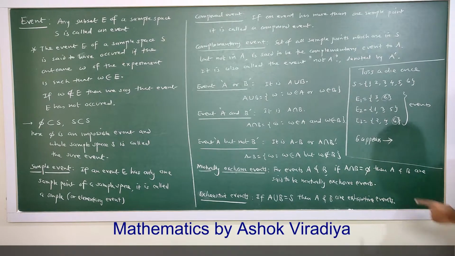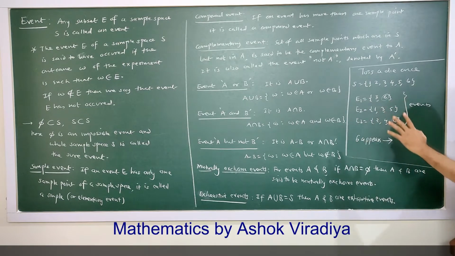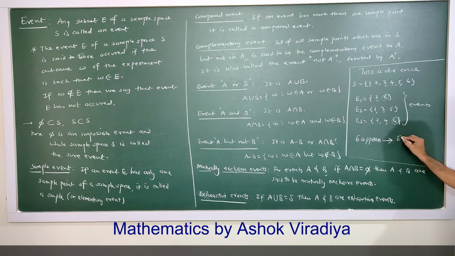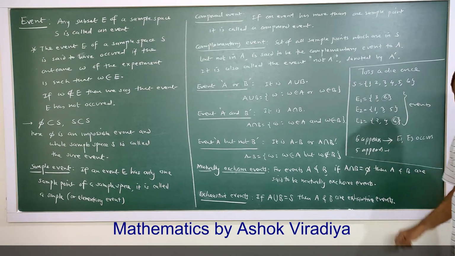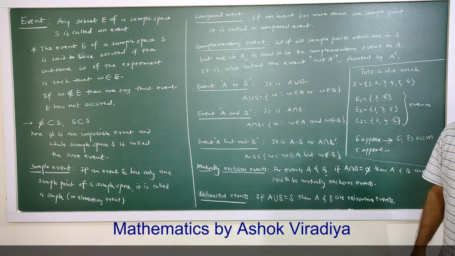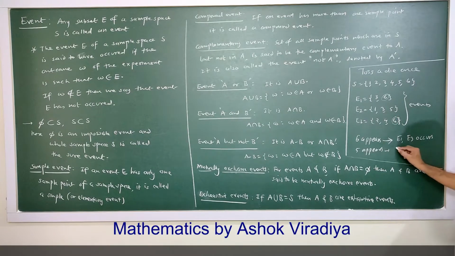So we say E1 occurs and E3 occurs. Suppose 5 appears. Toss a die, and if 5 appears, now 5 is in this E2. So we say E2 occurs.